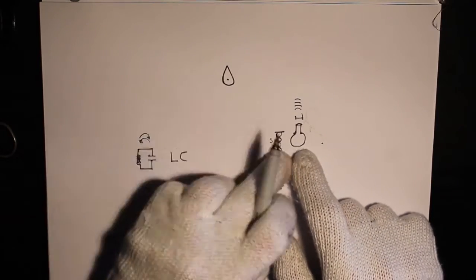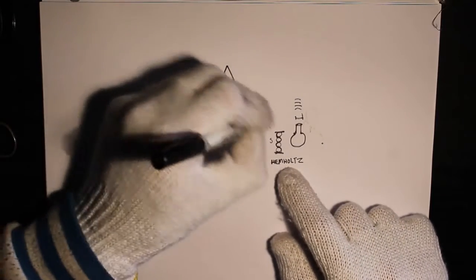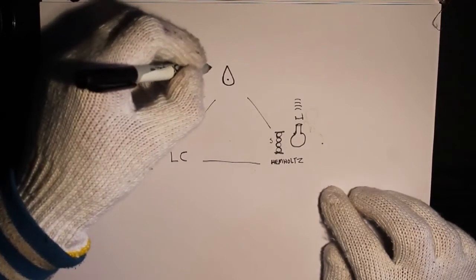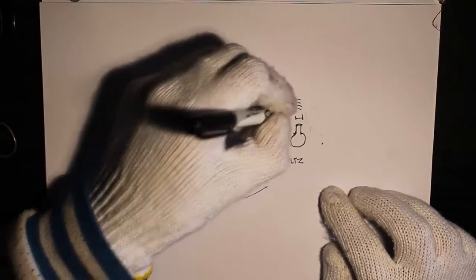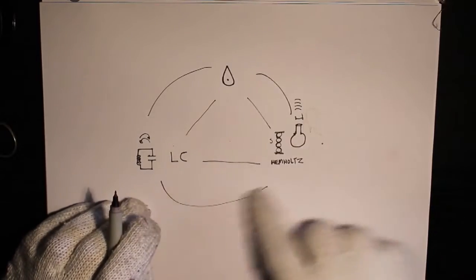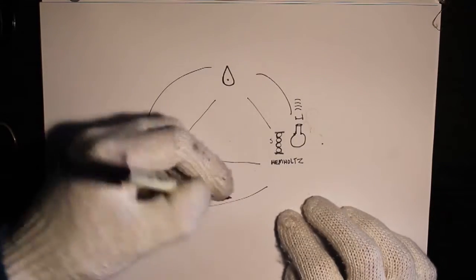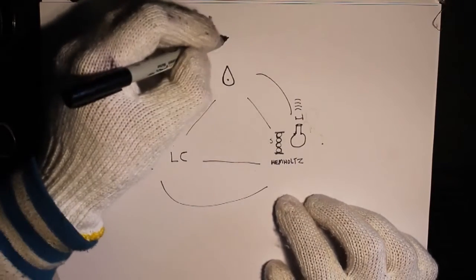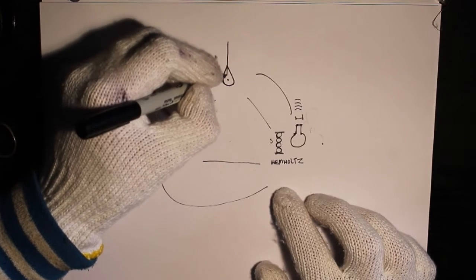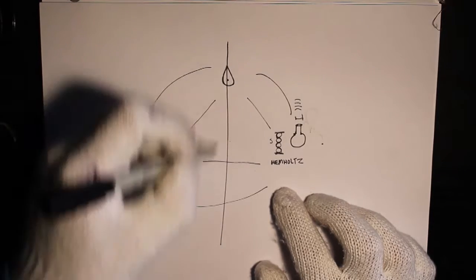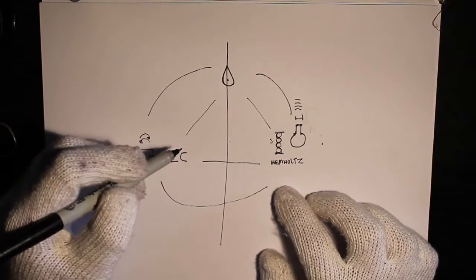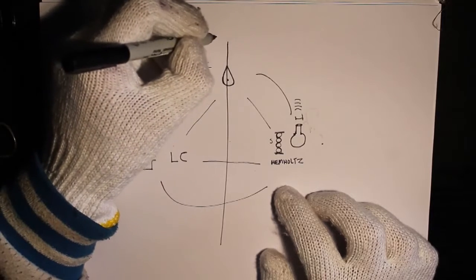So you've got three, and they're all in harmony with each other. They must be exactly synchronized. The other law to this is that the quartz crystal, if you put a line right down the center, shares both dimensions.